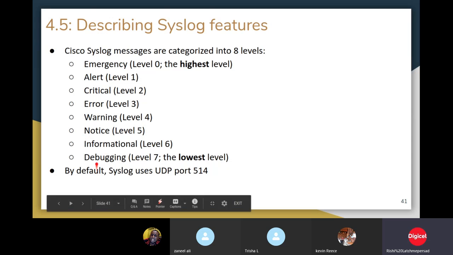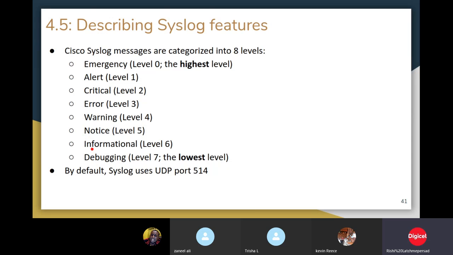You don't want to see debugging or informational messages from a router saying, I just sent 2 million packets, or my temperature is 28 degrees. Okay, cool, I don't need to know that. You will want to know if your router says my temperature is now 65 degrees, something is seriously wrong there. Those are the kind of high level information, the higher SYSLOG level information that you want.